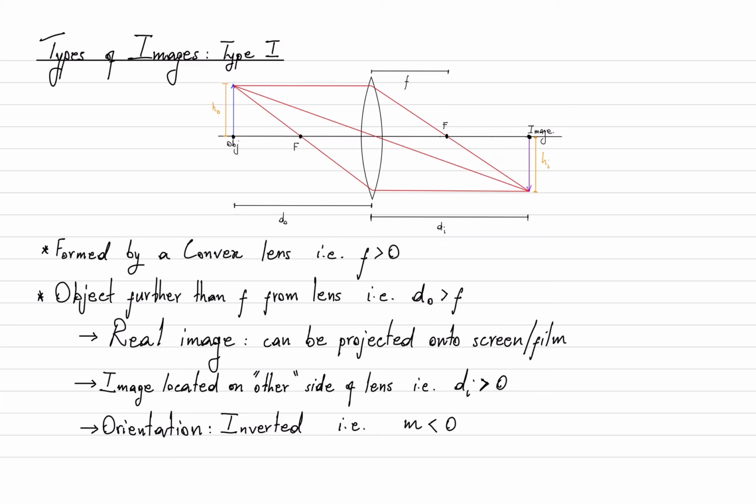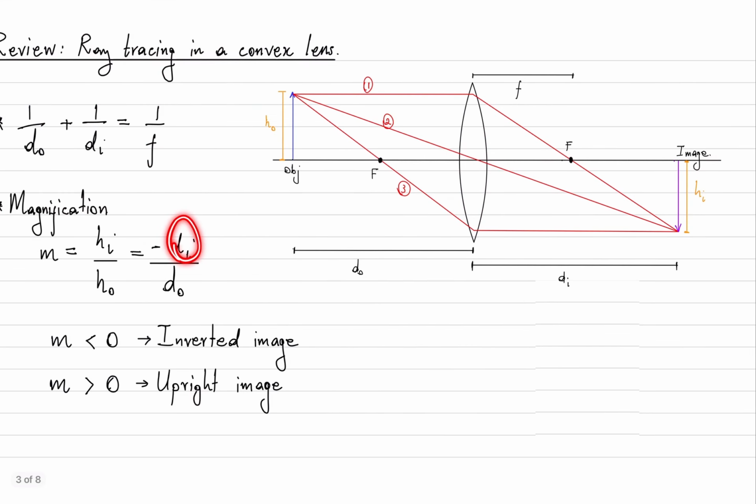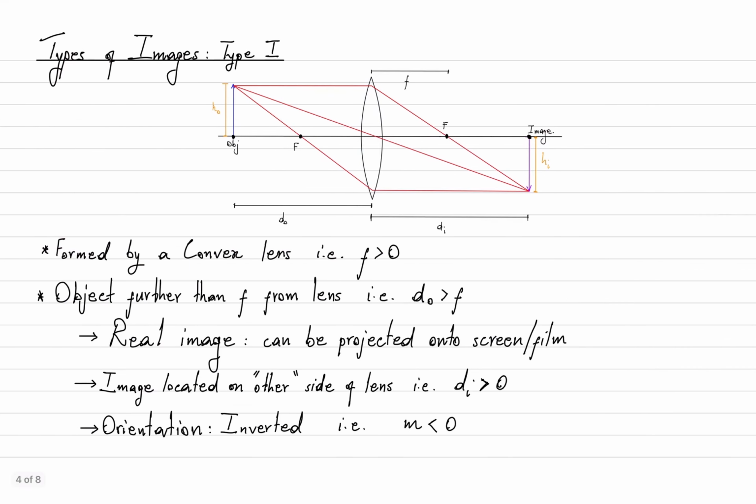And if you go back to the definition of magnification, if di is positive and do is also positive, this means our magnification is going to be negative. And what do we know about negative magnification? This corresponds to inverted images. Hence, a convex lens where the object is further than the focal point from the lens will always produce an inverted real image on the other side of the lens.